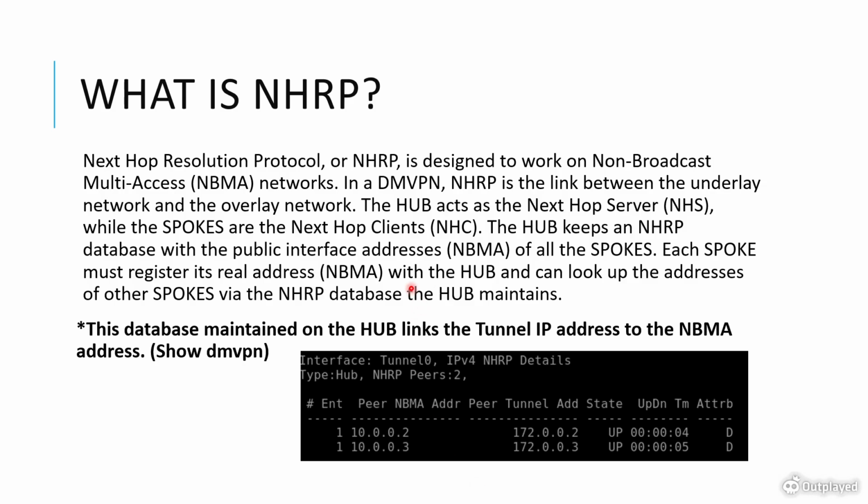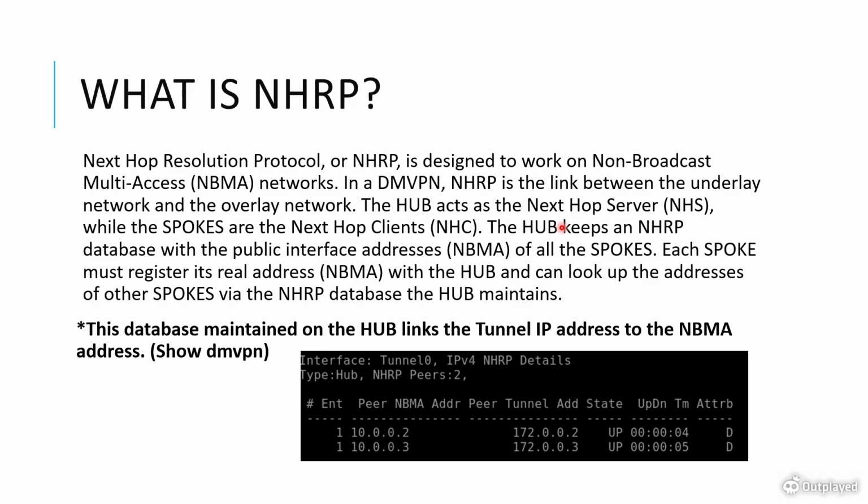So what is NHRP? NHRP, or Next Hop Resolution Protocol, is designed to work on non-broadcast multi-access networks. In DMVPN, NHRP is the link between the underlay network and the overlay network. The hub acts as the next hop server, or NHS, while the spokes are the next hop clients, or NHCs. The hub keeps the NHRP database, like we spoke to before, with the public addresses, the non-broadcast multi-access of all the spokes.